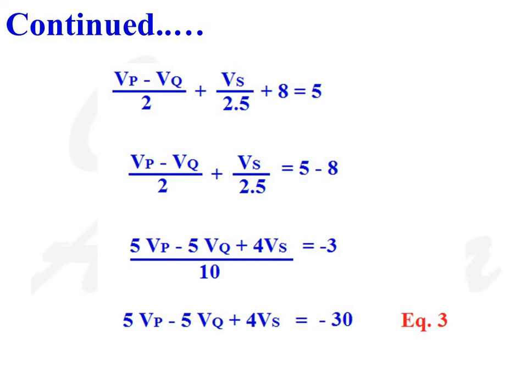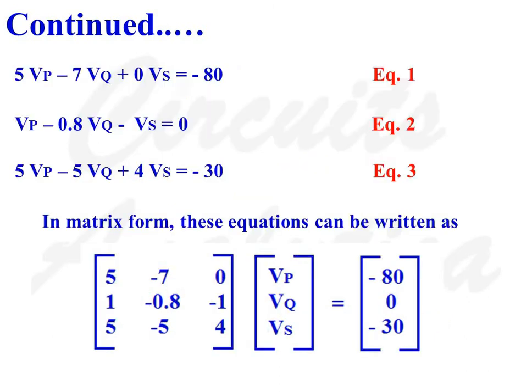So now we have three equations: 5 Vp minus 7 Vq plus 0 Vs is equal to minus 80, equation number 1. Vp minus 0.8 Vq minus Vs is equal to 0, equation number 2. 5 Vp minus 5 Vq plus 4 Vs is equal to minus 30, equation number 3.